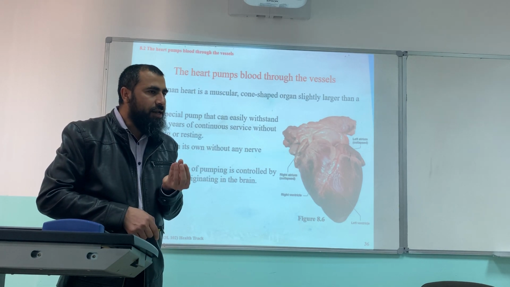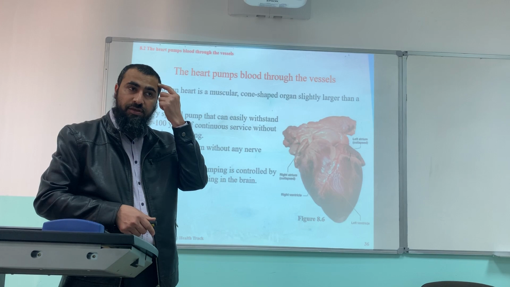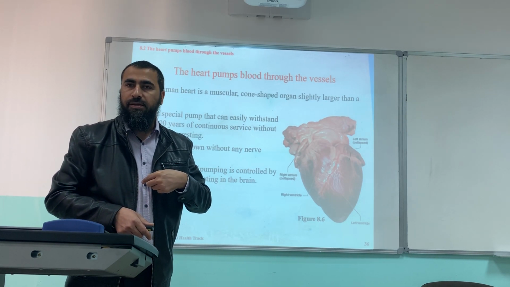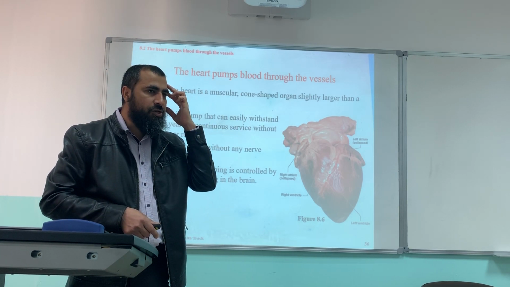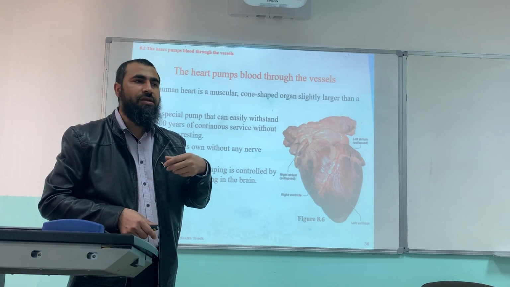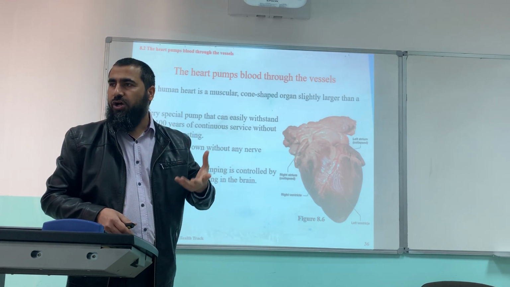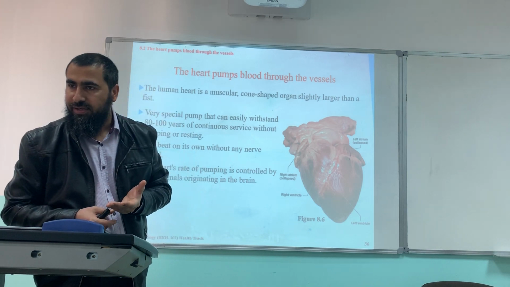So you can take the heart out and it will still be beating outside of your body, because the brain doesn't keep the heart pumping. That's why people who have brain damage, the heart still pumps. Because if your heart stopped when you got brain damage, you would die. So it's a mechanism to keep you alive even though you got some brain damage.